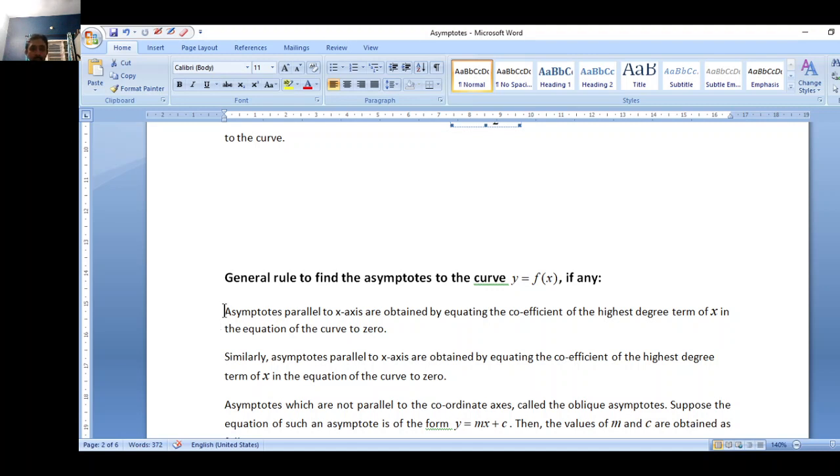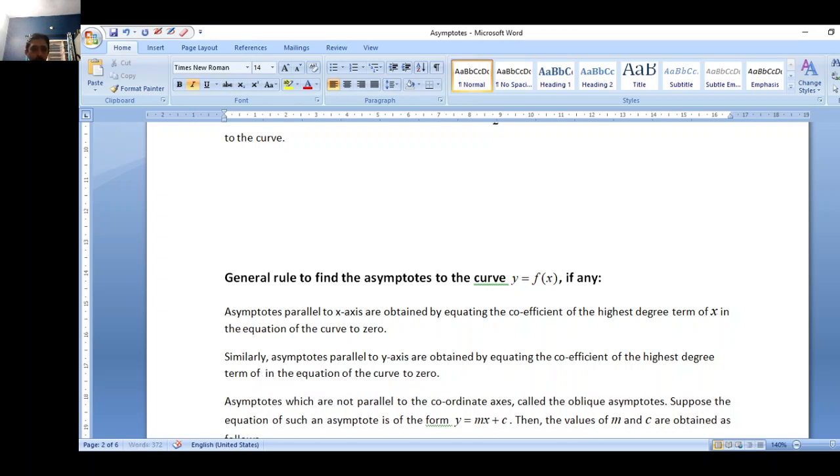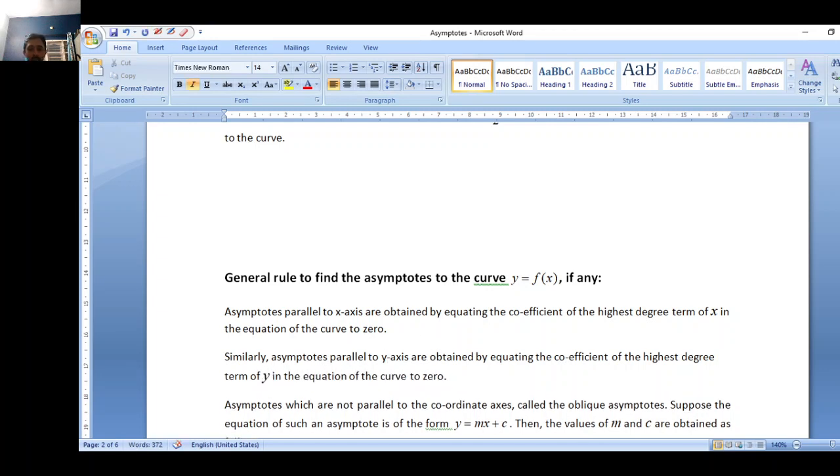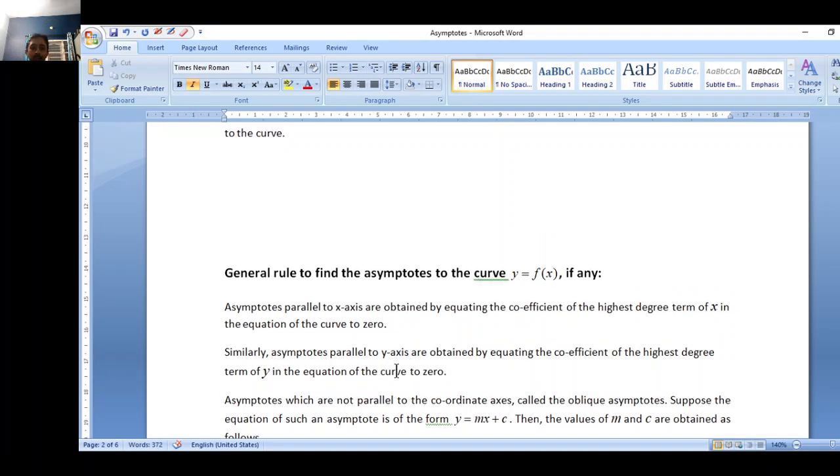I mean to say that we are looking for asymptotes parallel to the x-axis and asymptotes parallel to the y-axis. We will first find them, and finding them is going to be pretty easy. I'm going to explain how. After that, we'll see how to find asymptotes which are neither parallel to the x-axis nor parallel to the y-axis. Such asymptotes are known as oblique asymptotes. I'll come to that a little later.